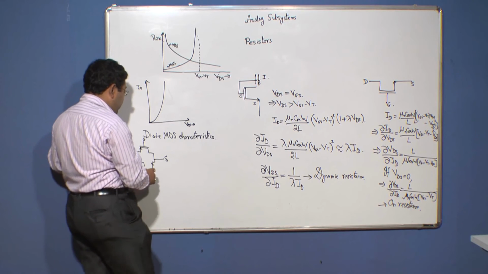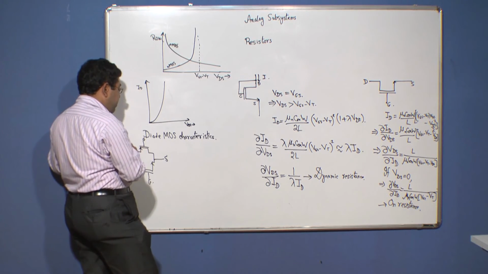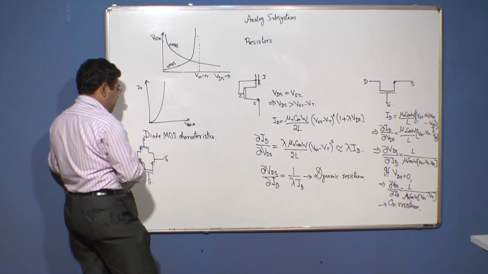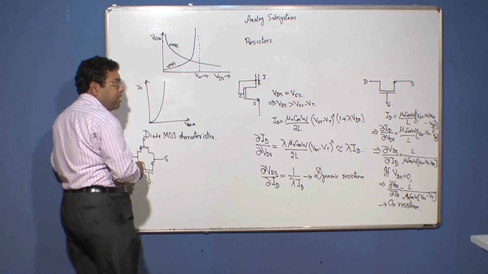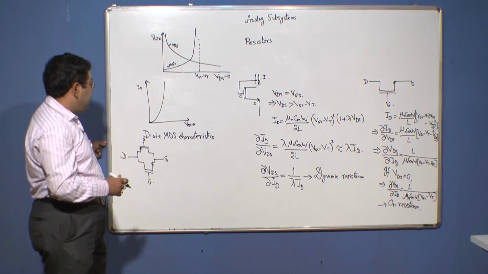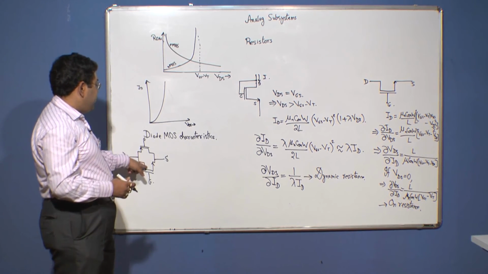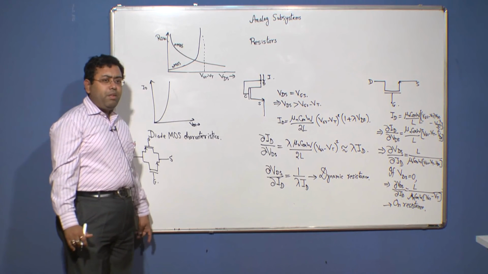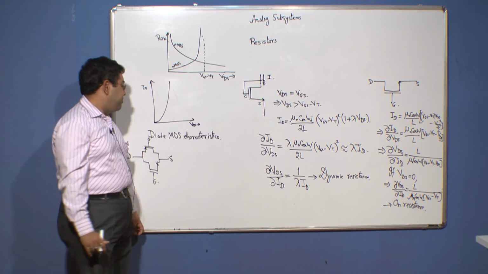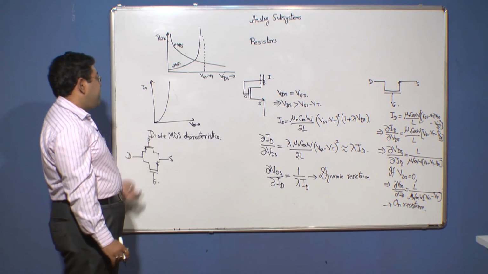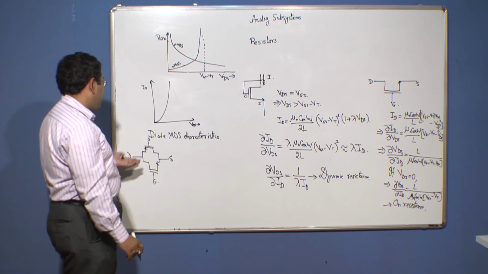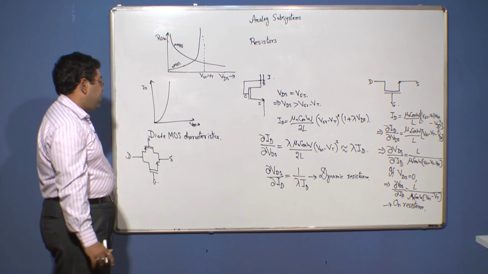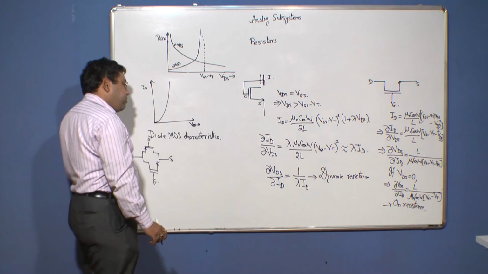So the thing is that you need complementary clock signals, complementary pulses, to turn on the NMOS and PMOS transistor, because we have to turn on both at the same time. The advantage is that the NMOS transistor will nicely pass the logic 0 and PMOS will nicely pass the logic 1, and therefore there won't be any threshold drop related problems as you pass the signal through this CMOS transmission gate.